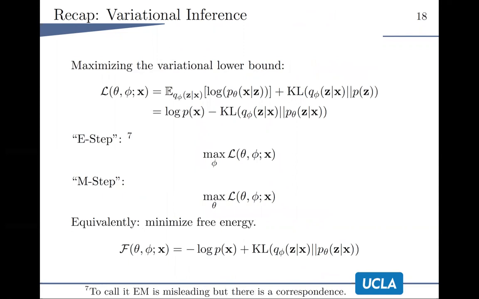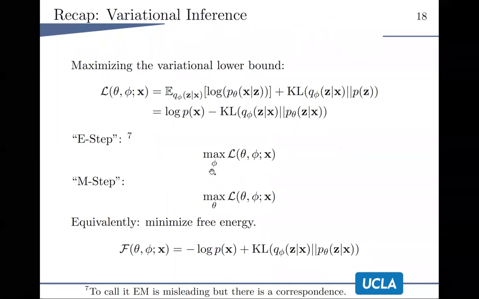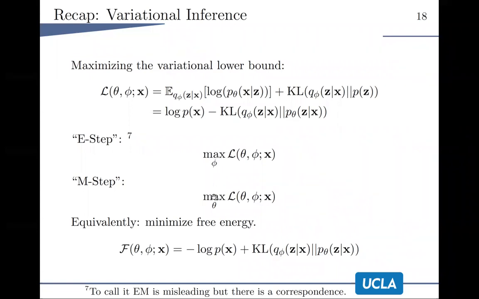And maximizing the variational lower bound in most cases requires two steps. The EM style algorithm requires an E step and an M step, and we can do the same thing here: we optimize on phi in the E step, and optimize on theta in the M step.